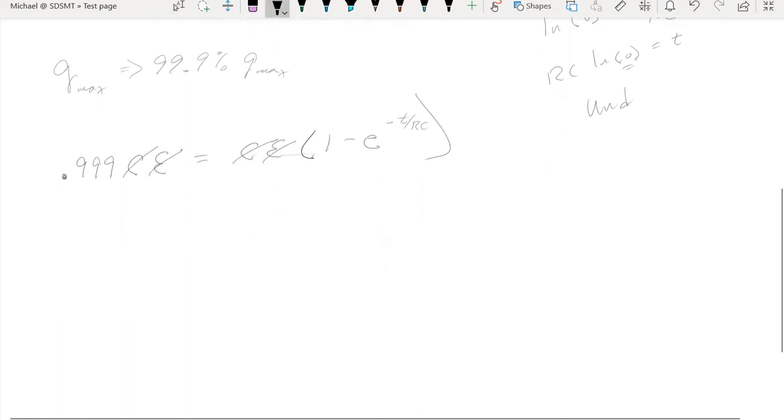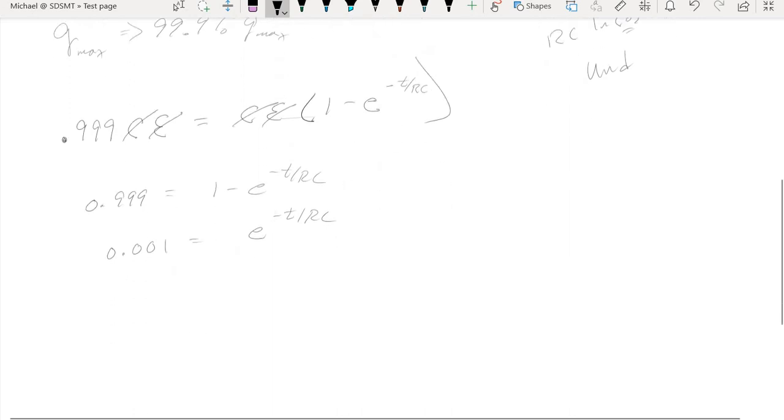And once we do that, we end up with 0.999 equals 1 minus e to the negative t over RC. I can subtract 1 from each side, and I get a negative 0.001 equals negative e to the negative t over RC. I can cancel out the minus signs on each side.